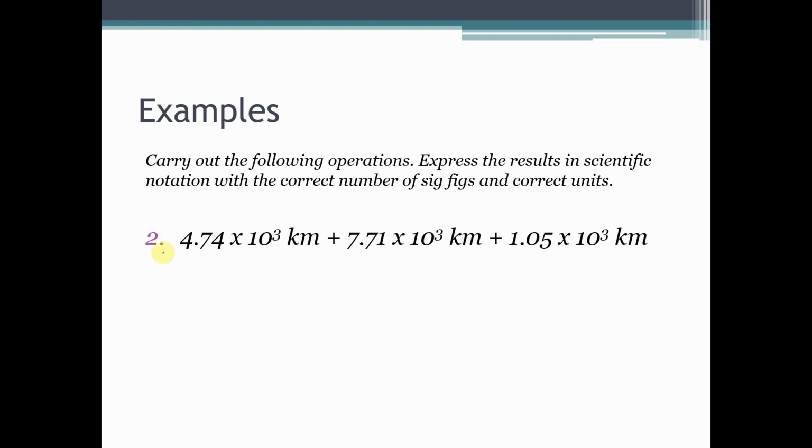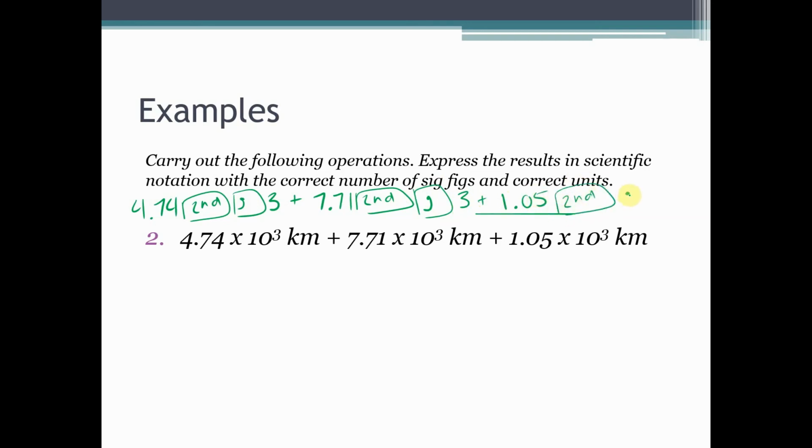And again, to type this in, we're going to type 4.74, second, comma, 3, plus 7.71, second, comma, 3, plus 1.05, second, comma, 3.